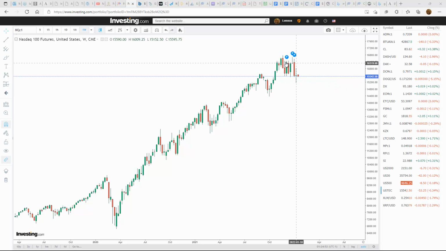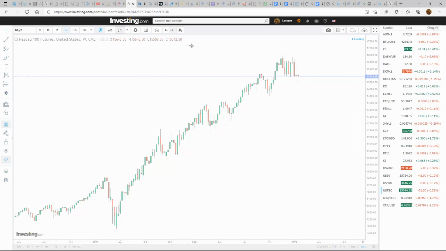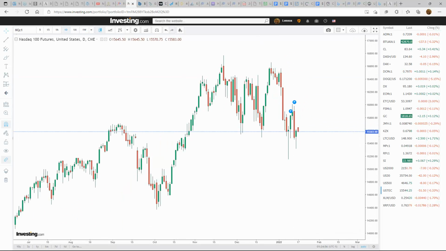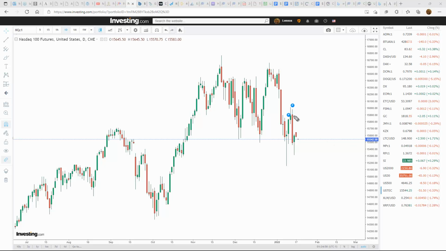This is over time, of course. On the daily, also a lot of weakness there. So any movements to the upside would be opportunities to sell one more time into that coming down. All right, so that's a look at what's setting up for this week.